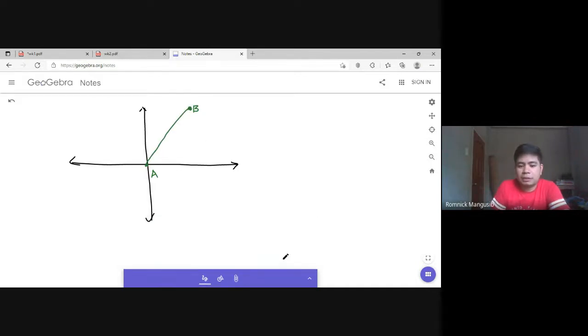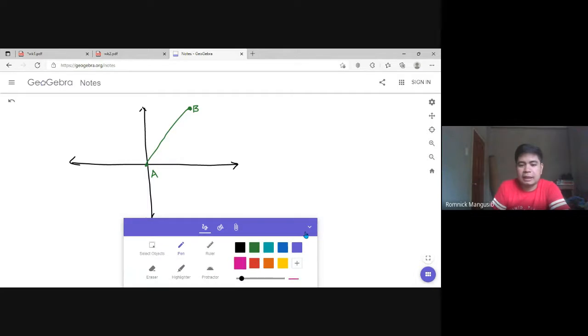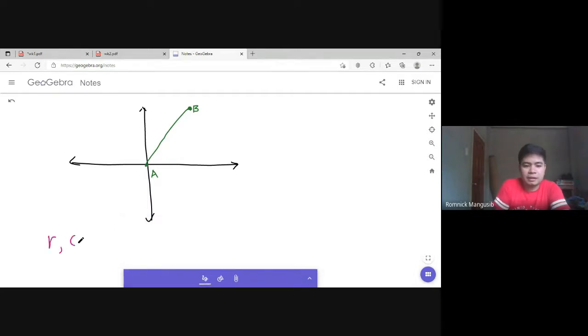Ang pinag-uusapan natin sa polar coordinates kanina lang, we have the radius and the theta as the angle. This theta is the angle formed in standard position, and the radius is the distance of point A to point B. So yan ang polar coordinates. So ang polar coordinates ni point B ay radius and then theta.